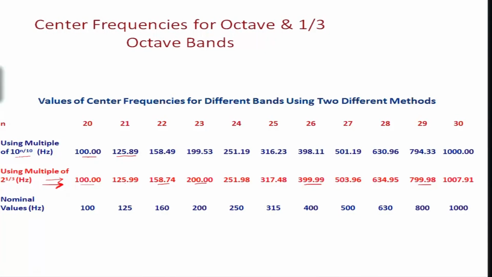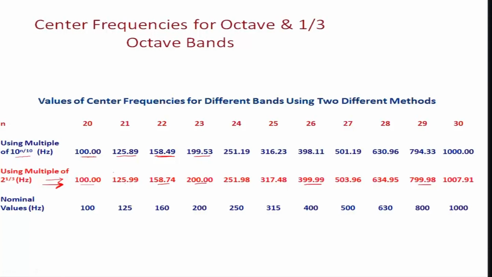Then you multiply 100 by 10 to the power of 22 by 10, and you get 158.49, and then 199.53, and so on and so forth.